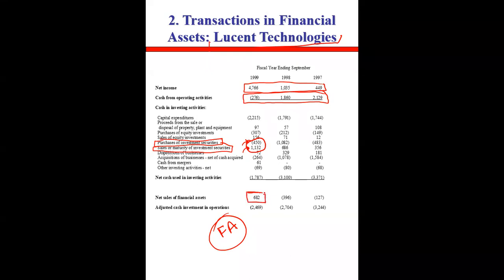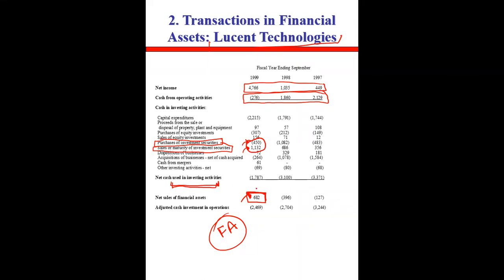That is, they have made a net proceed from their investment in financial assets. Don't you think by adding this positive number, they have underestimated their cash used in investing activities in the financial statement?